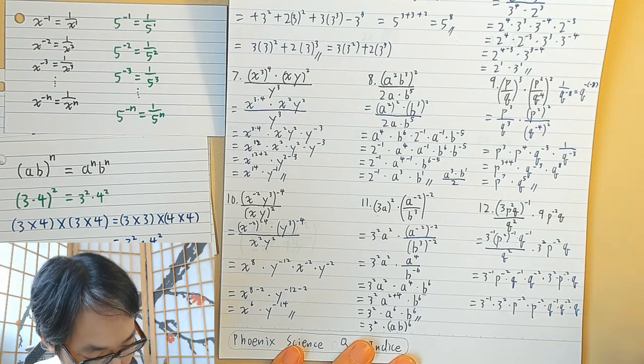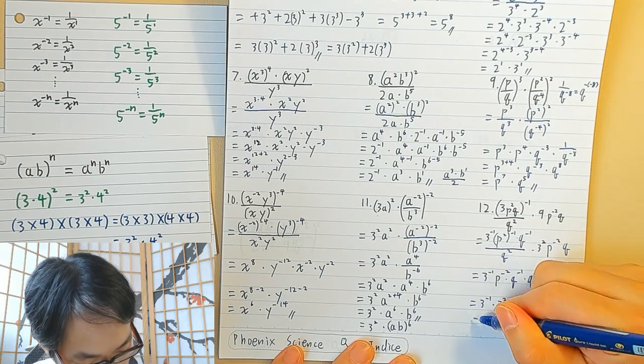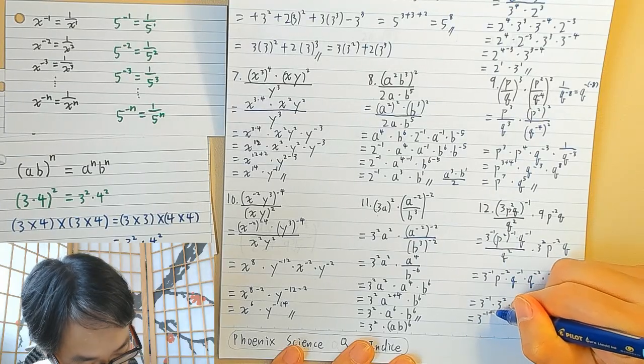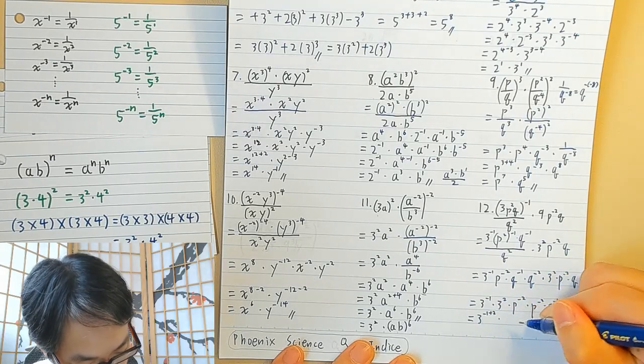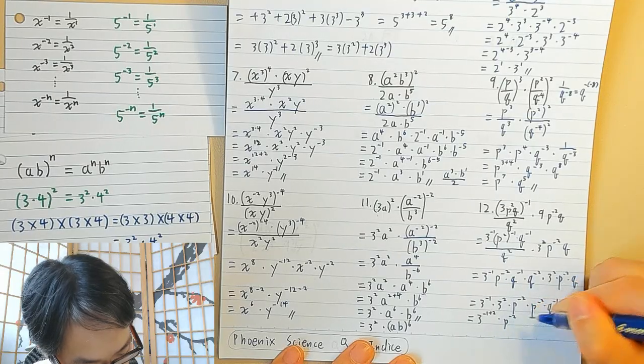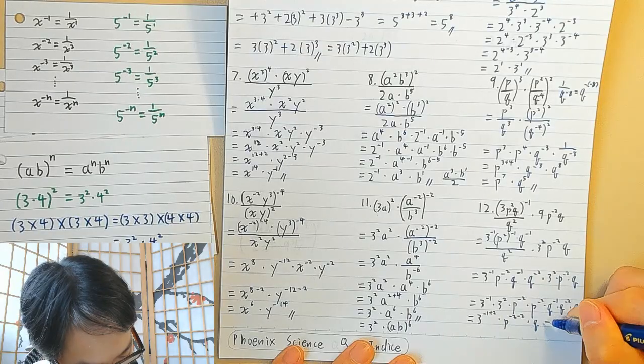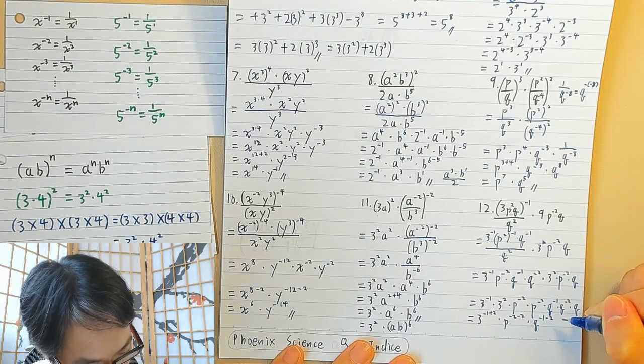So we have 3 to the power of -1 plus 2 times p to the power of -2 minus 2 times q to the power of -1 plus -2, which is minus 2.